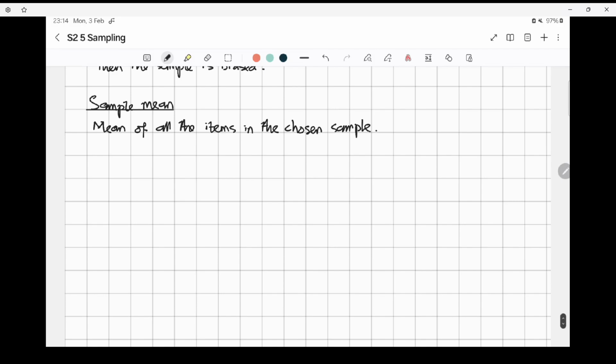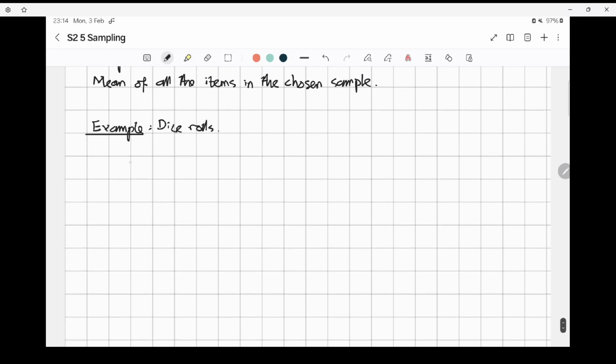So let's look at one example. I think it'll be clearer if you look at examples rather than just the definitions. So we will look at a dice roll. If you roll a die, this is the probability distribution table.